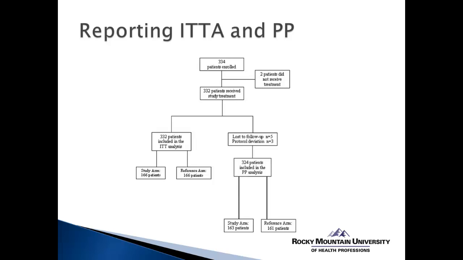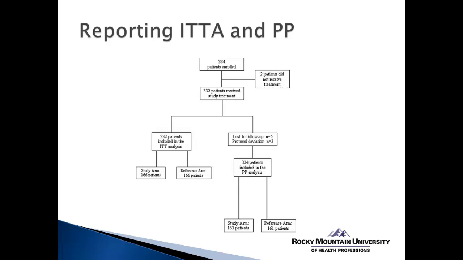So very often what people will do, and the CONSORT guidelines recommend this, is we create a flow chart that shows how many patients we originally started with, how many received the treatment, how many did not, how many dropped out during the course of the treatment, how many missing data points we have.